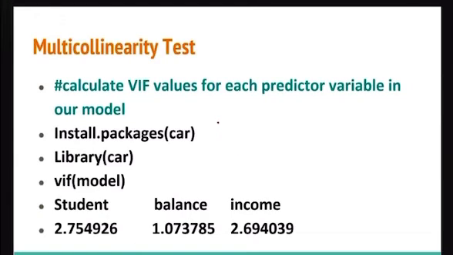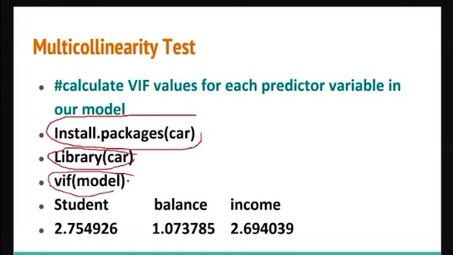In logistic regression, you need to install and load a package called car. Then you do VIF. You remember the way we did it? VIF means variance inflation factor. And don't forget, I told you we got a threshold. When VIF is more than 5, it means there's a problem of multicollinearity.